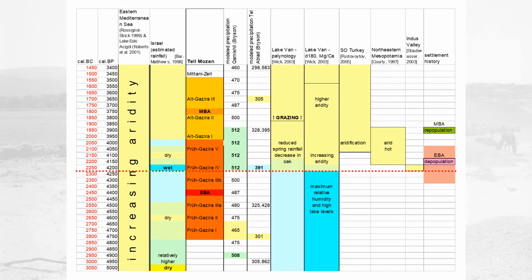Apart from such local records, the reasons for these regional climate effects can be traced in the global paleoclimate record. For example, isotopic analysis of ice cores shows that Atlantic subpolar and subtropical surface waters cooled by 1 to 2 degrees.